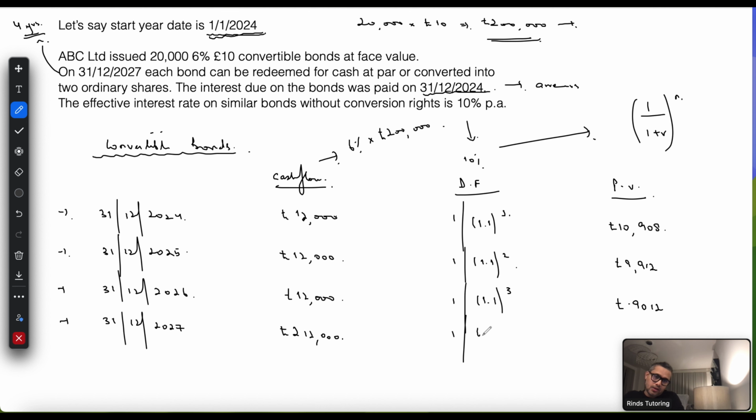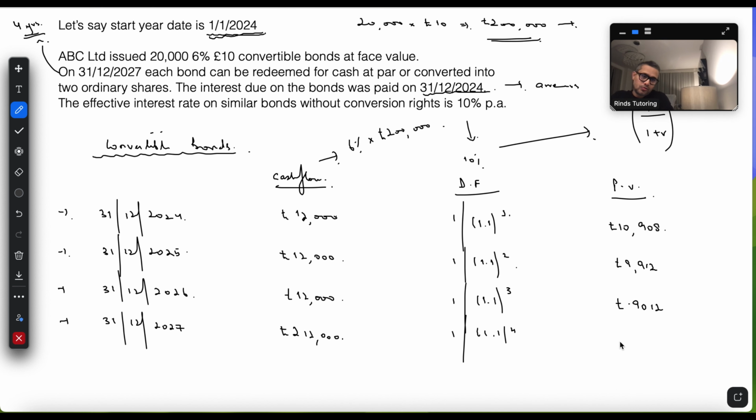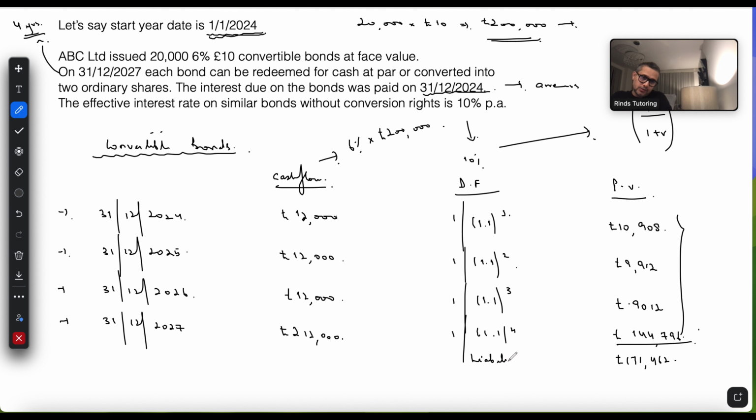Again, 1 over 1.1 to the power of 4, and that's going to give you 144,796. Just add all these numbers and you will get something like 171,462. This is your liability component. This is your liability.